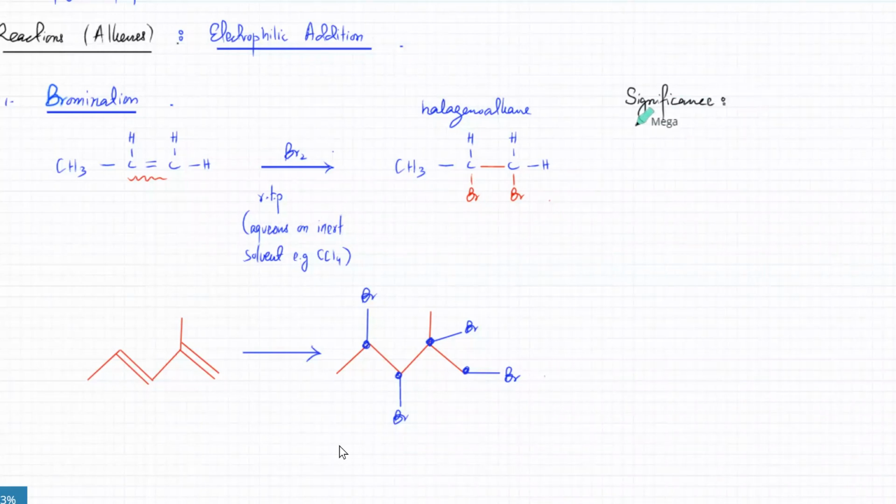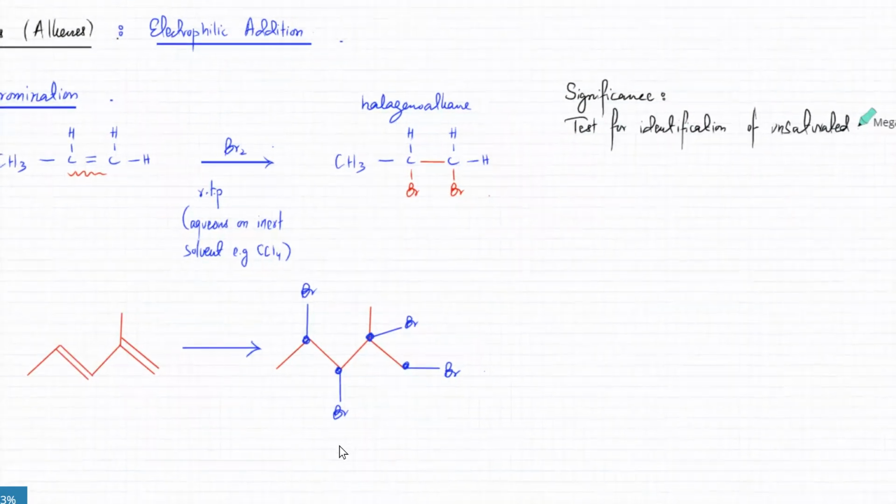So it's a test for identification of alkenes, of unsaturated hydrocarbons. Anything that has double bonds is going to be tested this way.